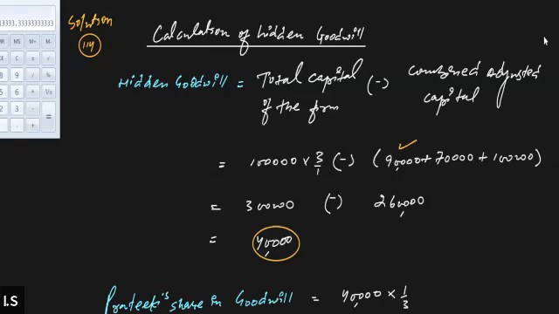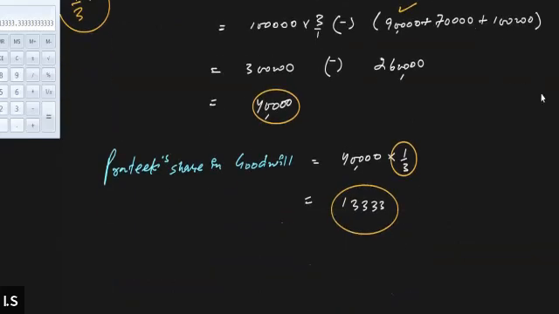Subtracting this from 3 lakh, we get 40,000 as the goodwill of the firm. Since a new partner is joining the firm for 1/3 share, Pratik will have to share 1/3 of this goodwill. So 1/3 of 40,000 will be how much? It will be 13,000.